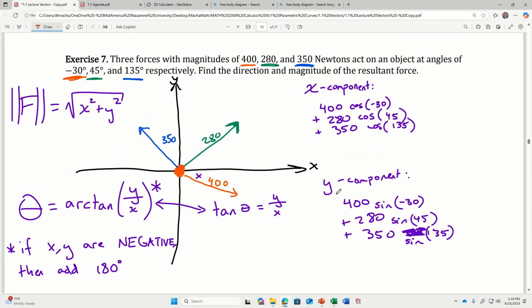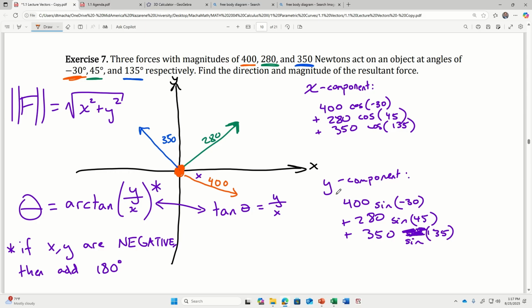Our next discussion that we had last week was about how to find the magnitude and direction. The magnitude is not so bad. The magnitude of the resulting force is the square root of the x component, which is all of this stuff added together, squared, plus the y component, which is all of this stuff added together, squared.